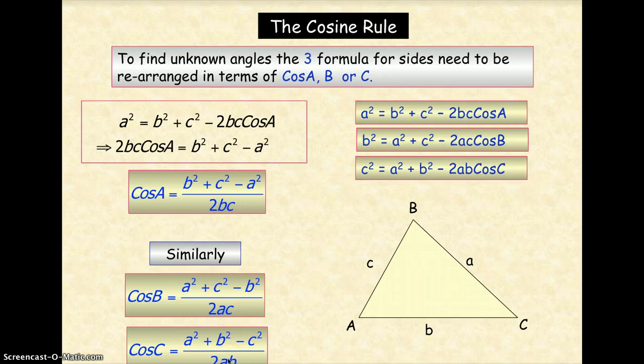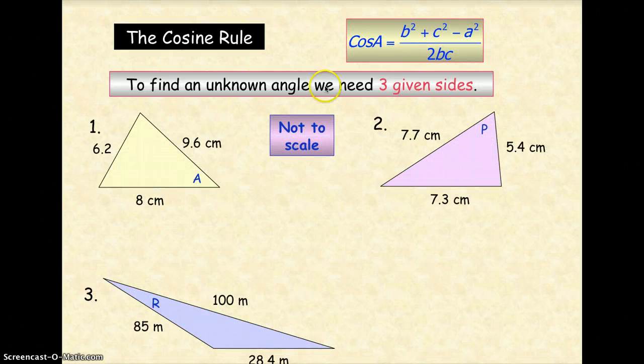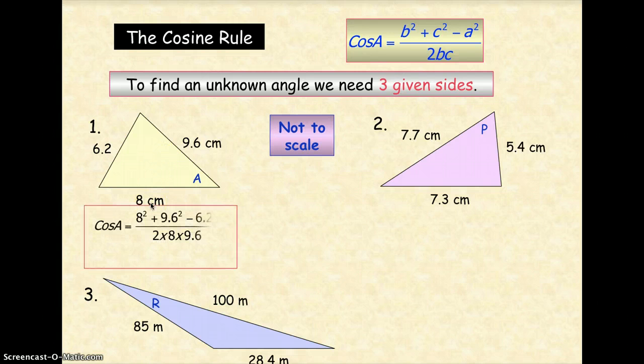Now, let's have some examples. As you can see, in all triangles, all sides are given to you, so it's all about just plugging in the values. For cosine A, the side opposite to the missing angle is the one that is subtracted, and this side is not down below.